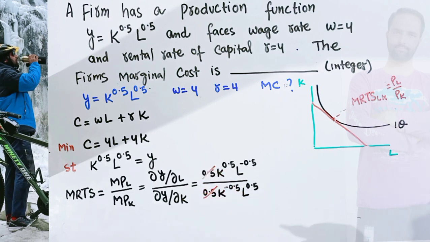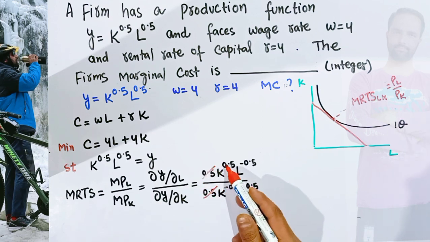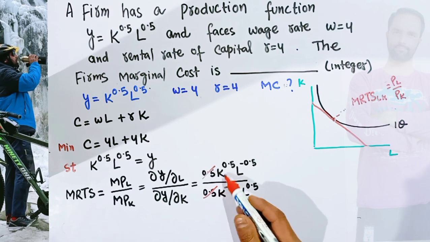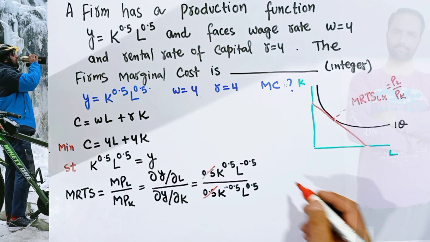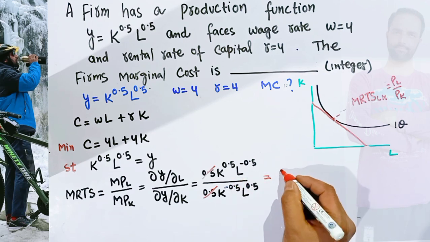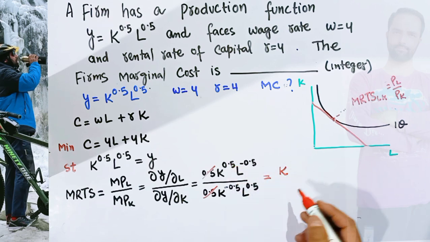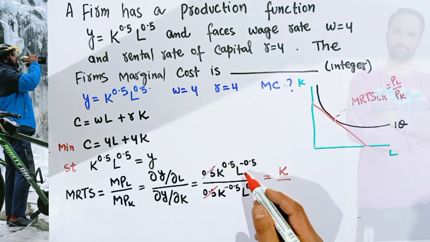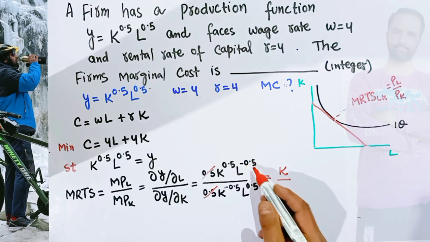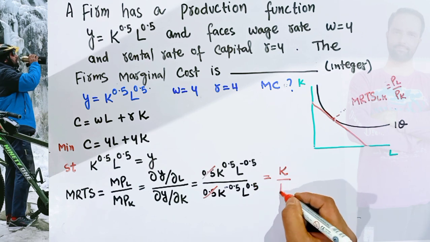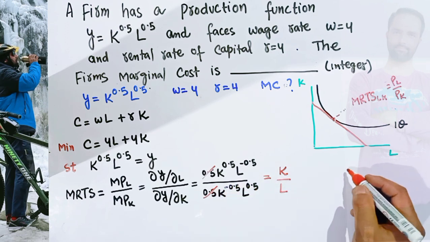If we solve it, if I transpose K to the numerator, the exponent sign will change and this K will get multiplied with this K. So what will we get? We get K, since 0.5 plus 0.5 adds up to 1, divided by, if I transpose L^0.5 to the denominator, it gets multiplied with this L, and again the exponents sum up to 1, so we get K upon L. Let me explain it here.